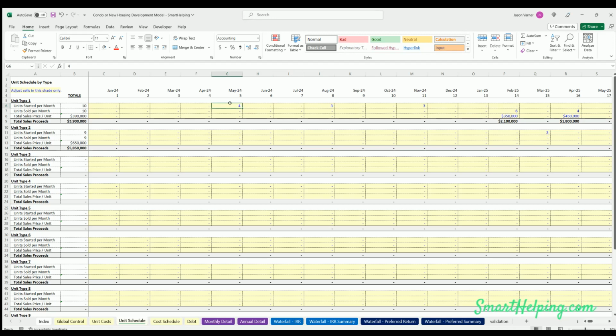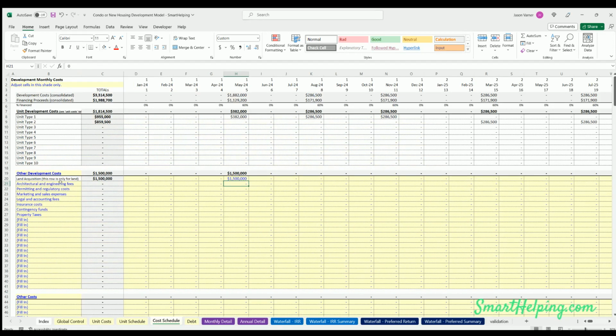The number you put in here doesn't mean you finish them all in this month. It just means you're starting construction, and so this is where costs are going to populate. But it could take time, and that's why there are 2 rows: one for when you're starting the construction of each, and then when you actually sell these units. So you can have some timing there depending on how long it takes.